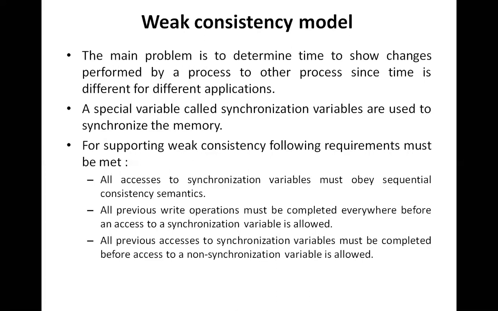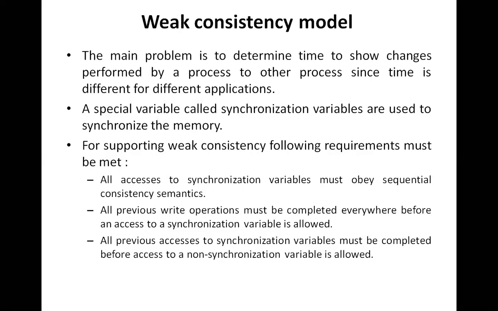So how does it work? A process accesses the synchronization variable, and when it is accessed, the entire shared memory is synchronized by making all the changes made to the memory by the processes visible to all the other processes.